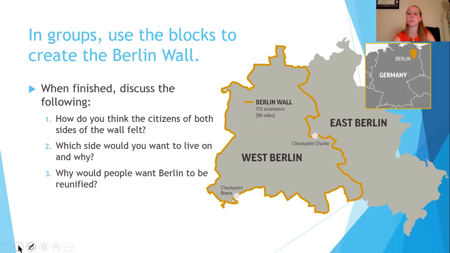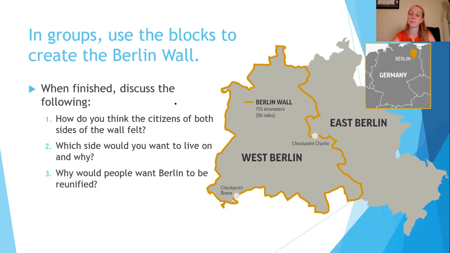So my directions to students would go something like this. In groups, I would like you to make the Berlin Wall. So all of my students are going to have little blocks. These could be like math blocks or any kind of little cubes, Legos, anything like that. I'll give them to all my students.